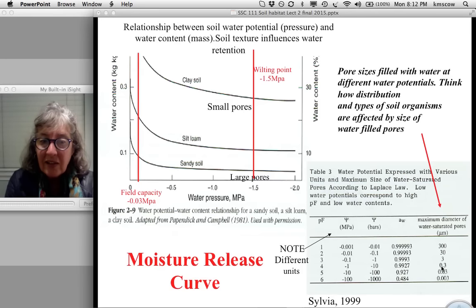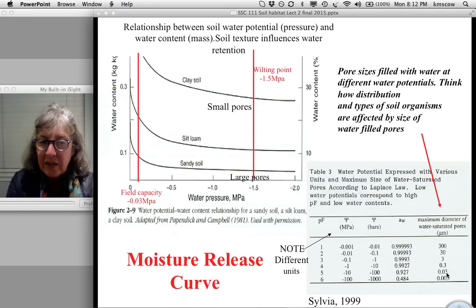But when you get down to wilting point, down into the minus 15, the largest pores that can still have water in them are going to be smaller, and can get so small that they're too small for microbes to live in. So you can see, like in this clay soil, there may be a lot of water around, but microbes may not be able to have access to that water.